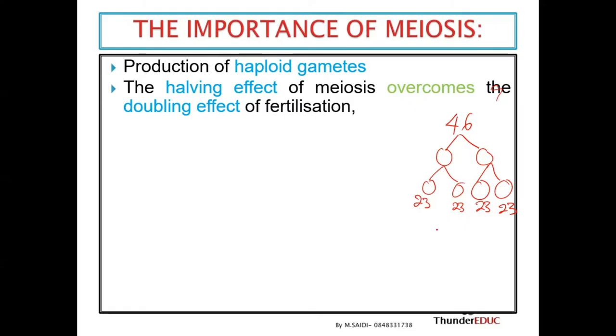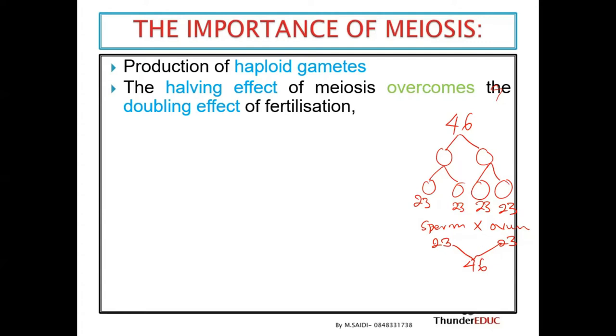Now if, for example, a sperm fuses with or fertilizes the ovum, and these are gametes, remember, then this is 23 and this is also 23. So when they fuse during the process of fertilization, you go back to 46. This is fusion, this is fertilization, so this is the doubling effect.